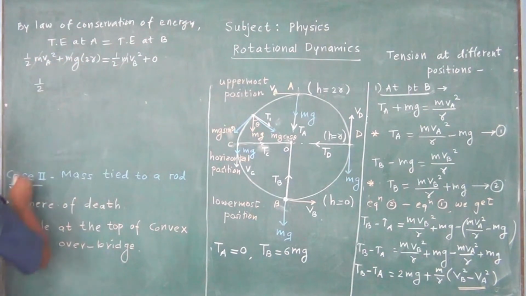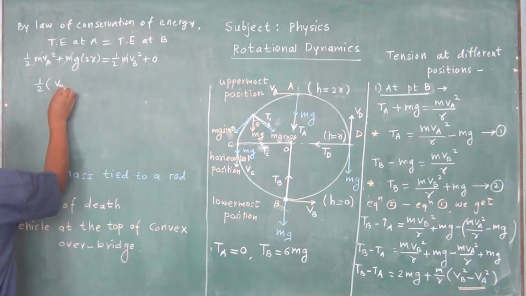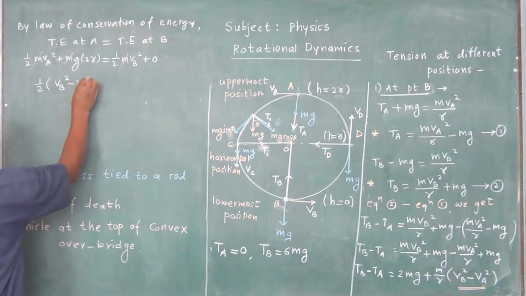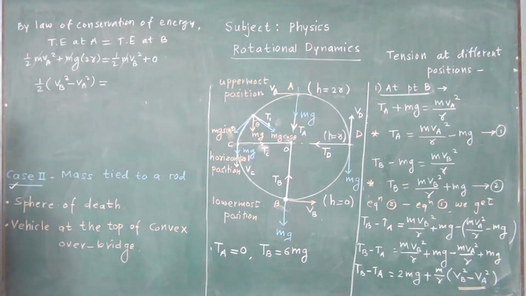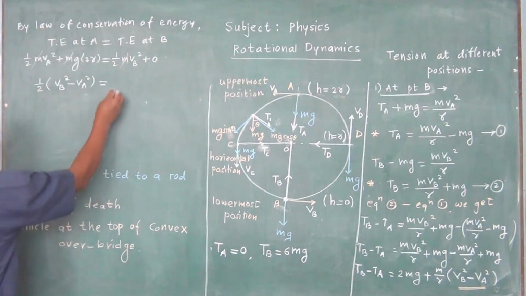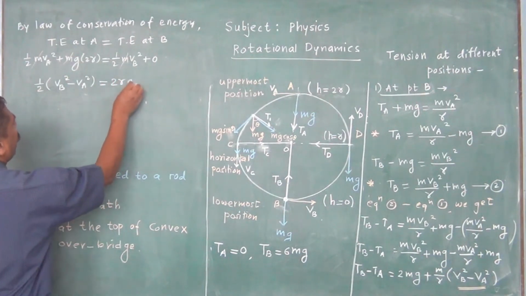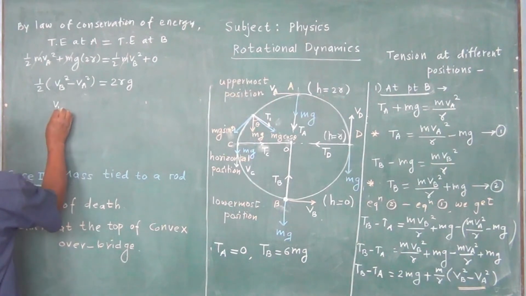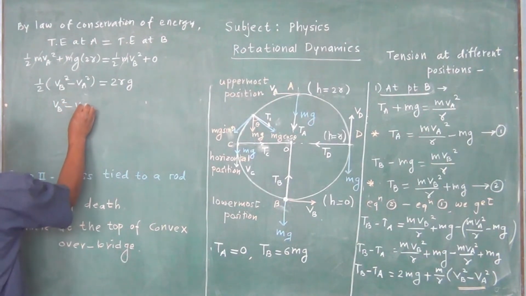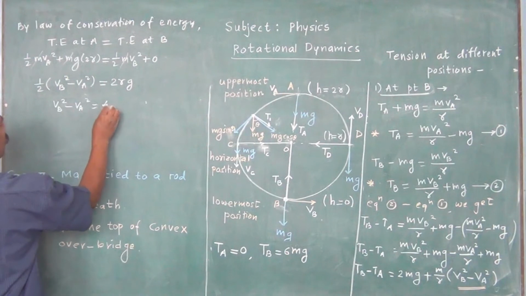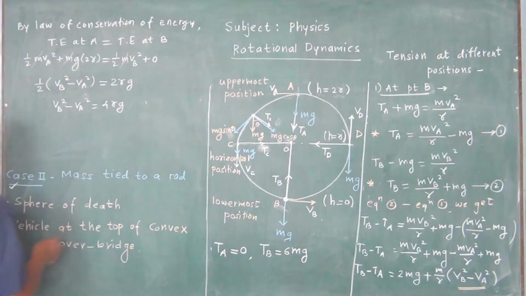So half of vb square minus va square is equal to... it will get transferred here. It will become 2 times rg. Again you have to transfer here: vb square minus va square is equal to 4 times rg.